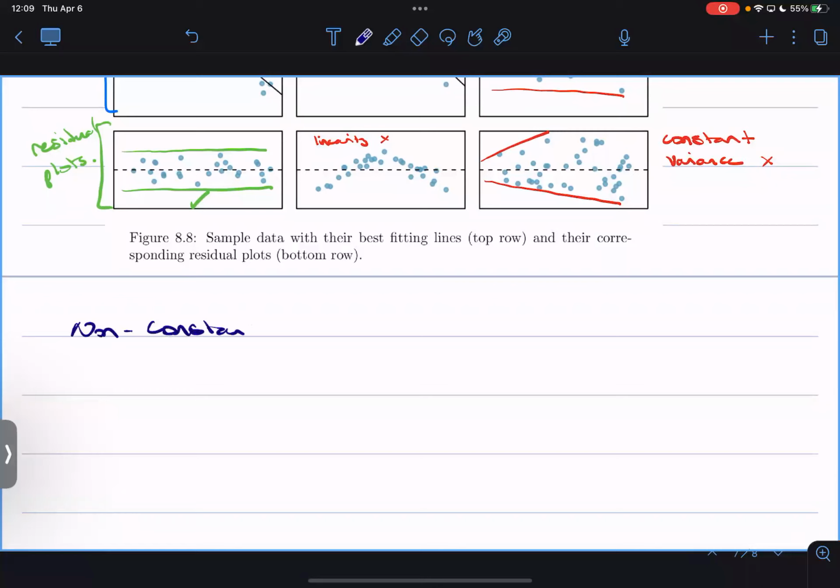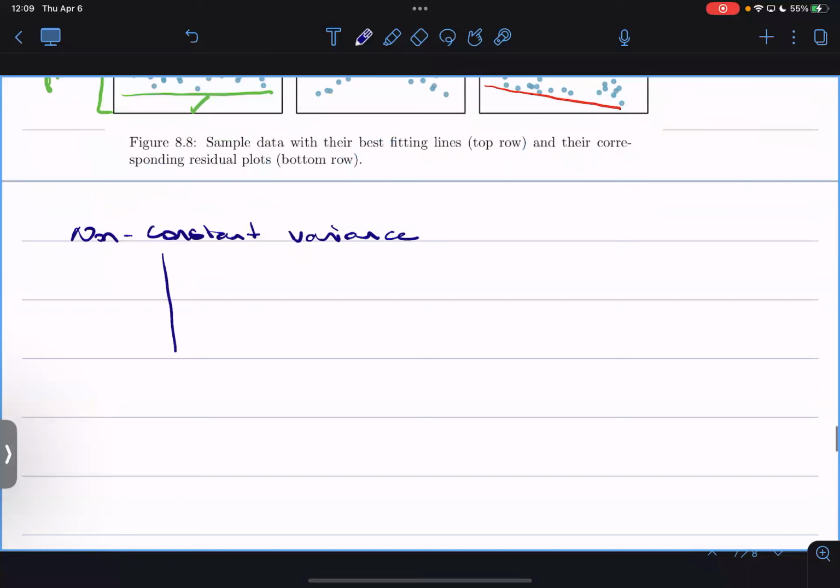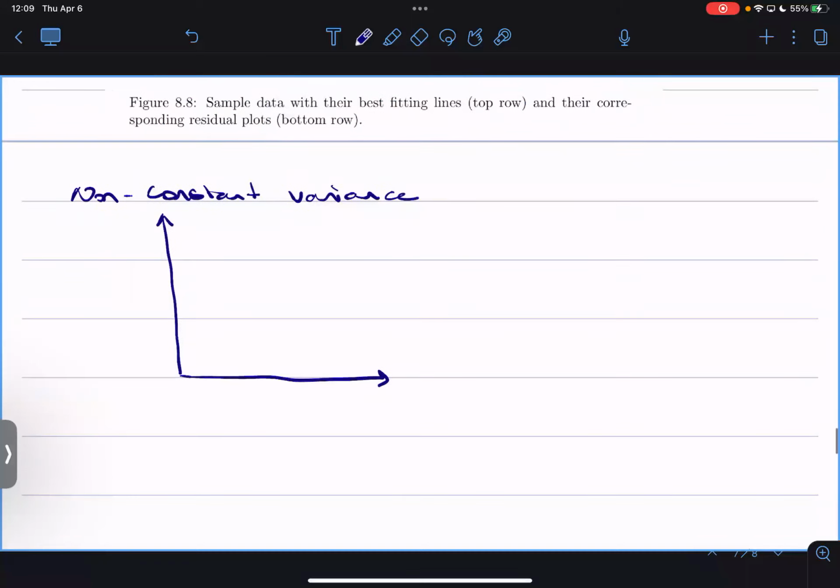So, non-constant variance, just because the one that they gave us isn't that good. Maybe let's do the original plot.